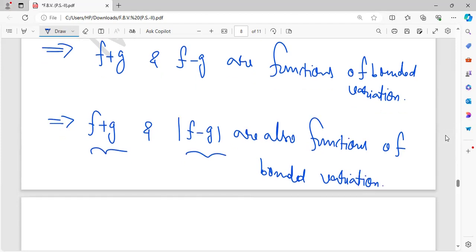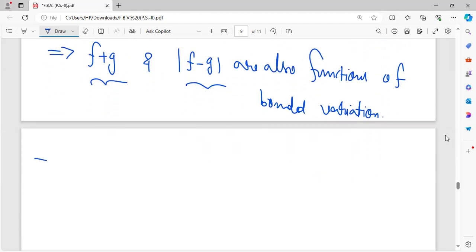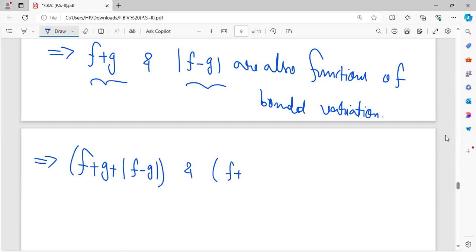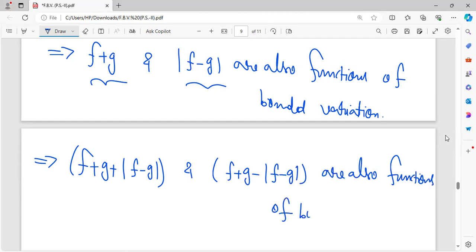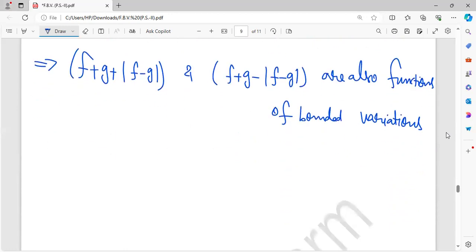They will be also function of bounded variation. This implies f plus g plus f minus g and f plus g minus f minus g are also functions of bounded variation. If I take real scalar multiple of function of bounded variation, they are also function of bounded variation. Okay.